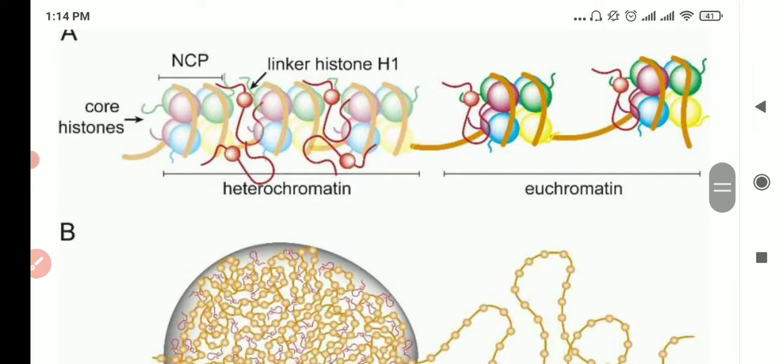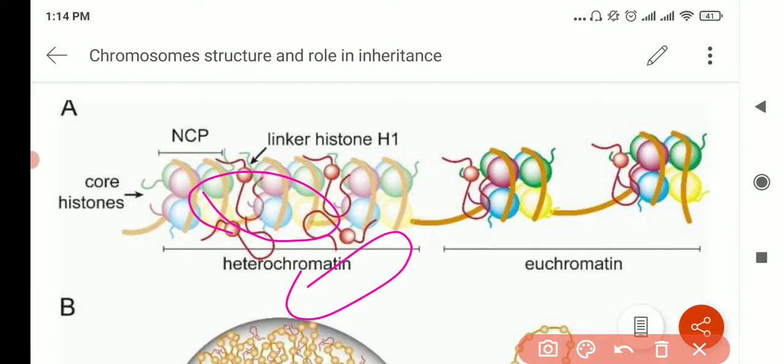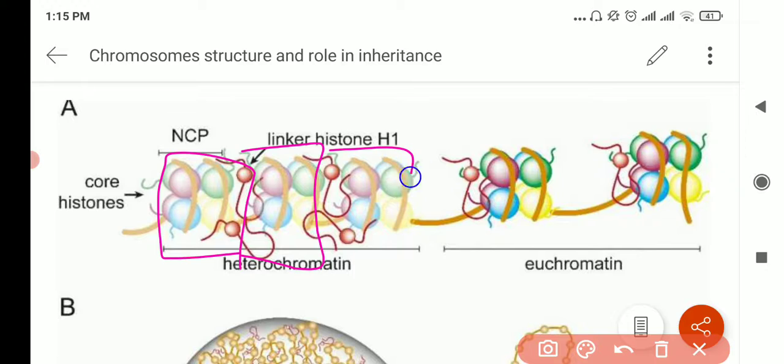Then when we look at the structure of the heterochromatin and the euchromatin, you can see that the core histones are tightly packed. Okay, the histone proteins are tightly packed. We'll see about histones and all later. Linker histone we'll see later. Here it is less tightly packed, okay.